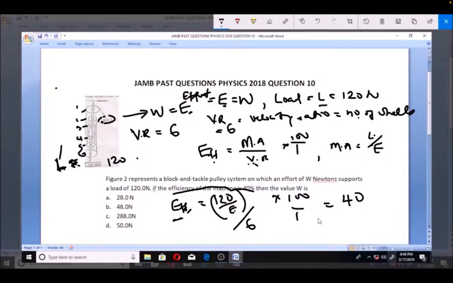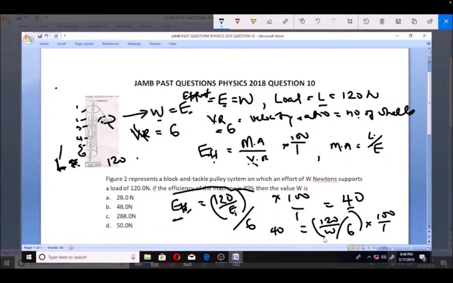What is left is to make W, the effort, the subject of the formula. We know that E is the same thing as W. So we have 40 equal to 120 over W, all over 6, times 100 over 1.